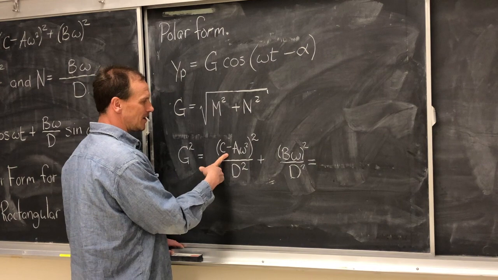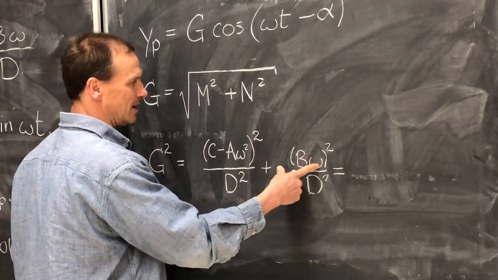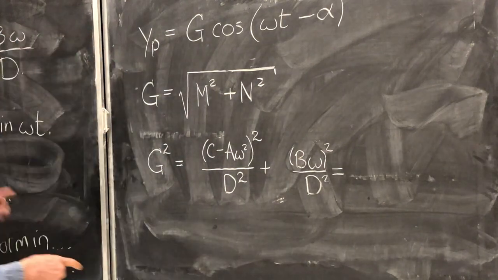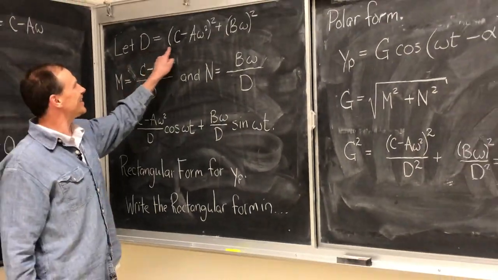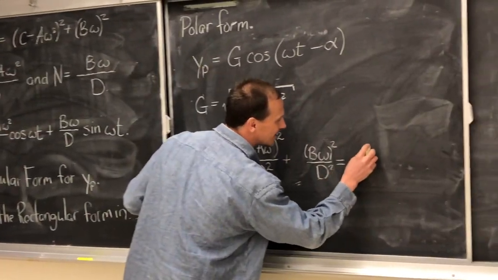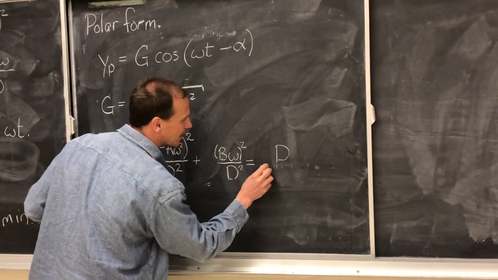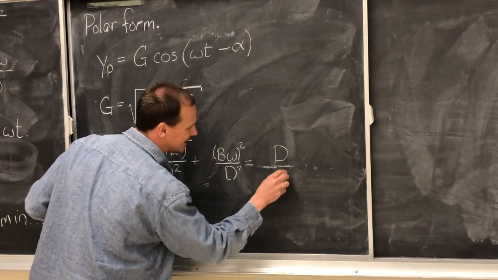(C minus A omega squared) plus (B omega) squared, whoa, that's just D. It's all that work we've been doing. So G squared is D over D squared.